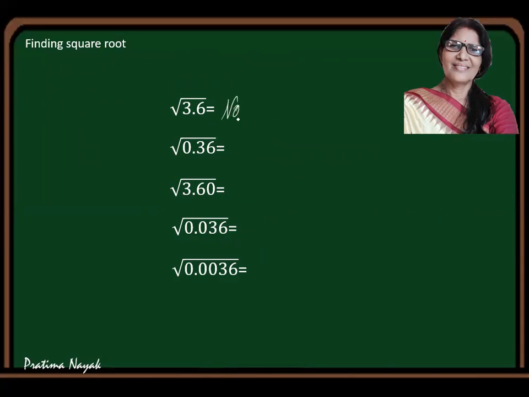No, not a square. 0.36, yes, it will be 0.6. 3.60, there are 2 digits, but the last zero has no meaning, so it has only 1 digit, so not a square. 1, 2, 3, not a square.